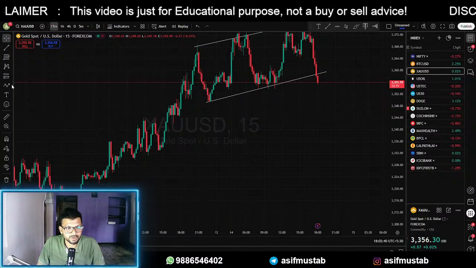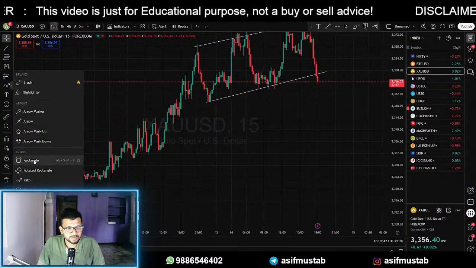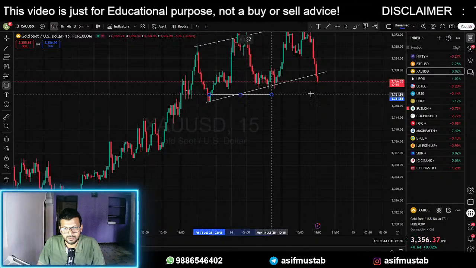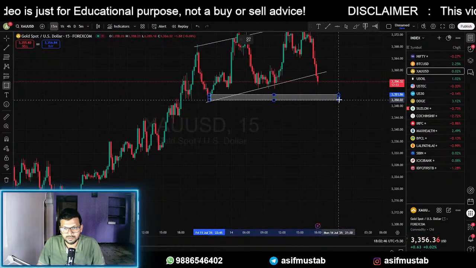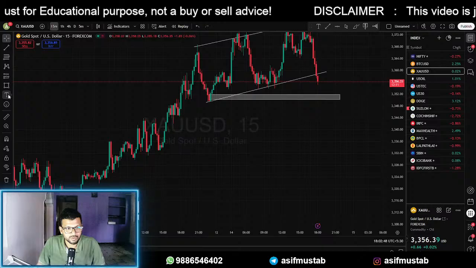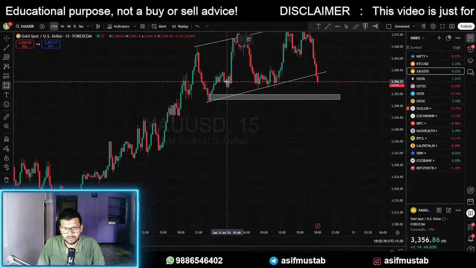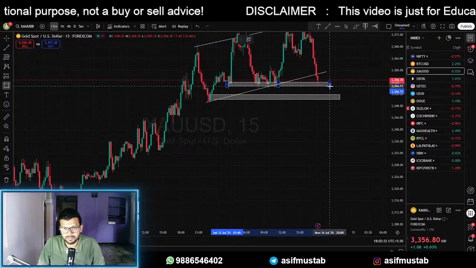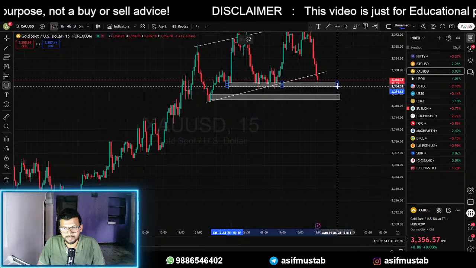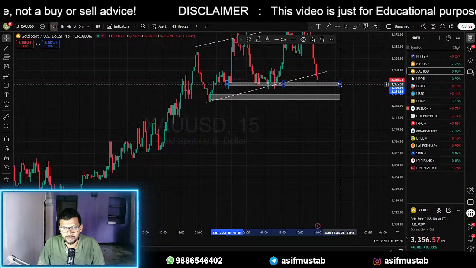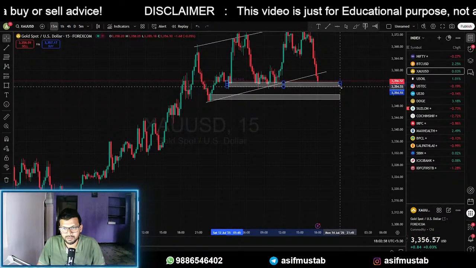We can see a reversal from this level or this level. From any level we can expect a reversal.